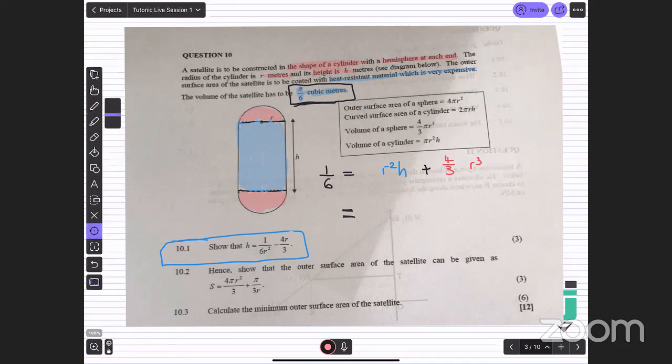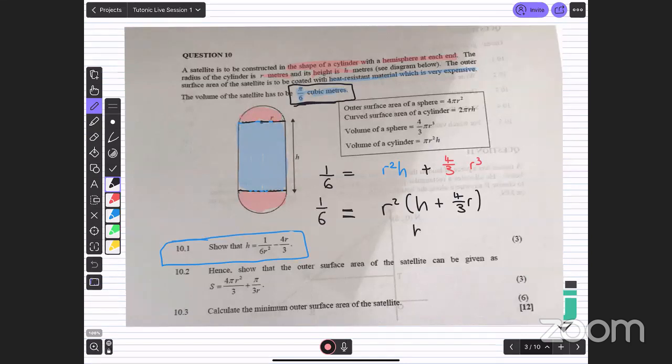Do you want to take out r squared maybe? So it becomes r squared h plus 4 over 3 r. And then you can divide out by the r squared.